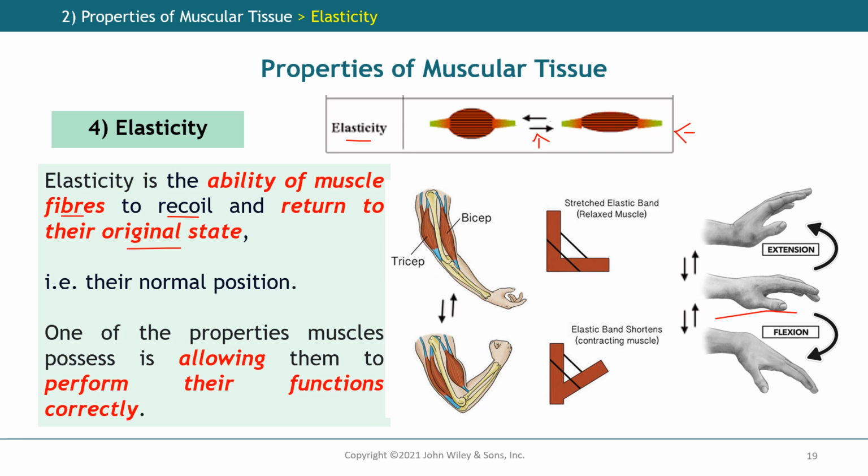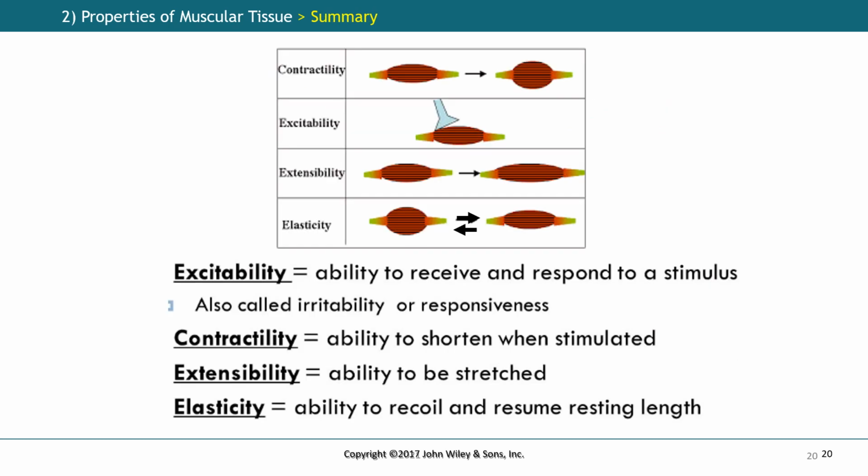This is, of course, a very important property of the muscles that allows them to perform their correct functions. With this, we finish this section of the class. Here you find the summary of the four muscular properties.